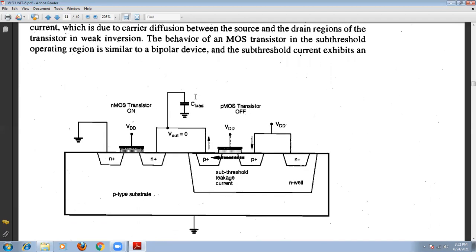Another component that exists in the circuit is called the sub-threshold current in the CMOS circuit. Another leakage current also exists, which is due to carrier diffusion between the source and the drain regions of a weak inversion layer.